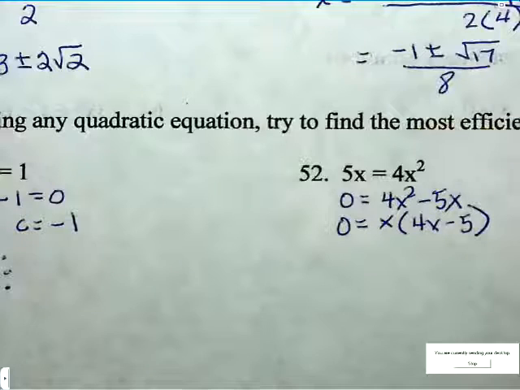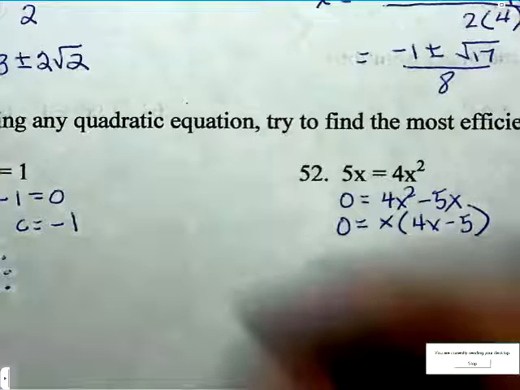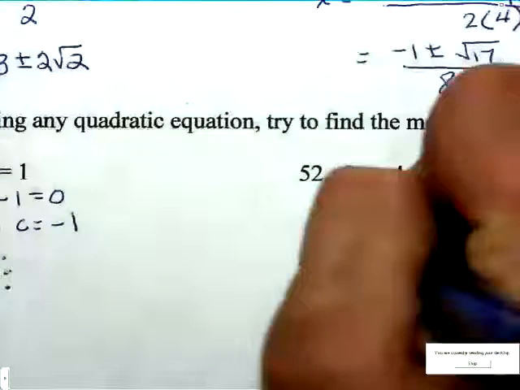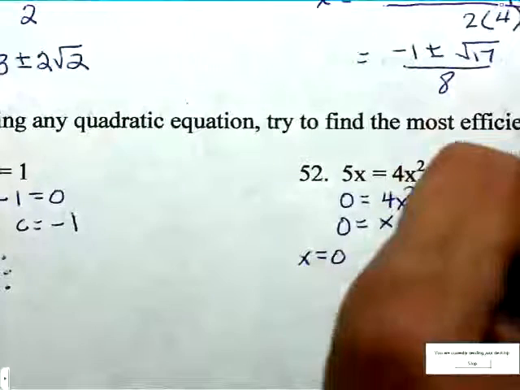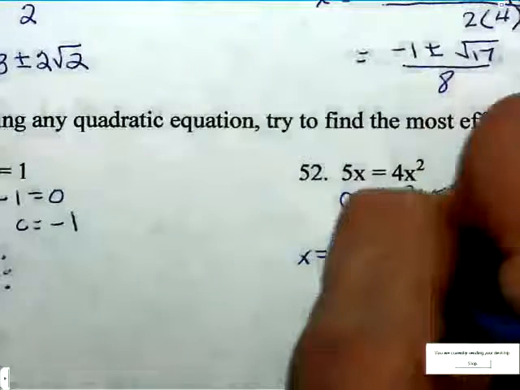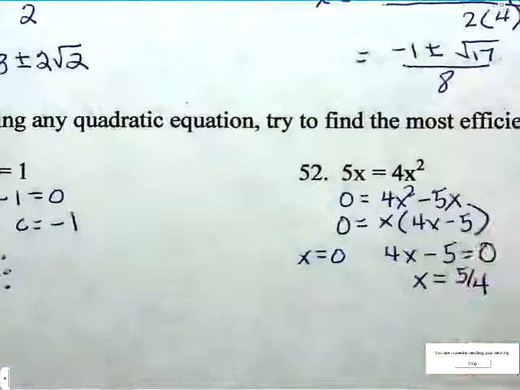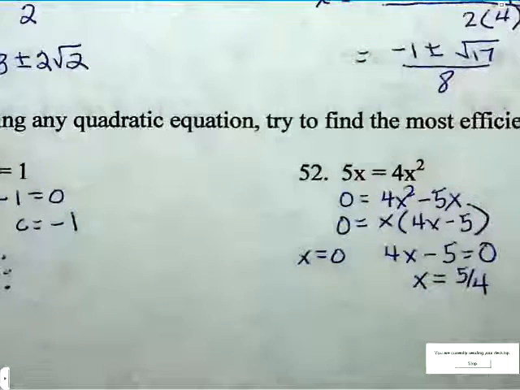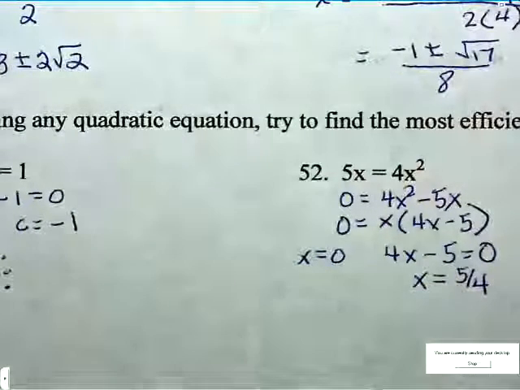Give me one jiffy to come back to that question. I will. Now that you have it factored, set each factor equal to 0. And guess what? I get the 5/4. 5/4 is one of the right answers. But what else is a solution to that equation? 0.